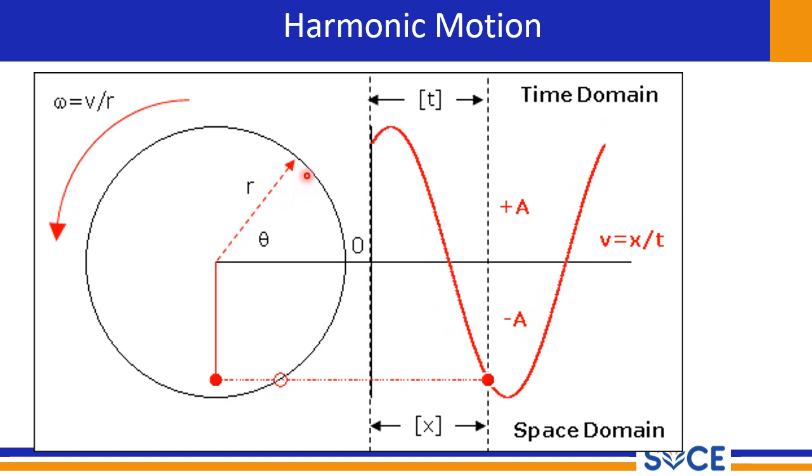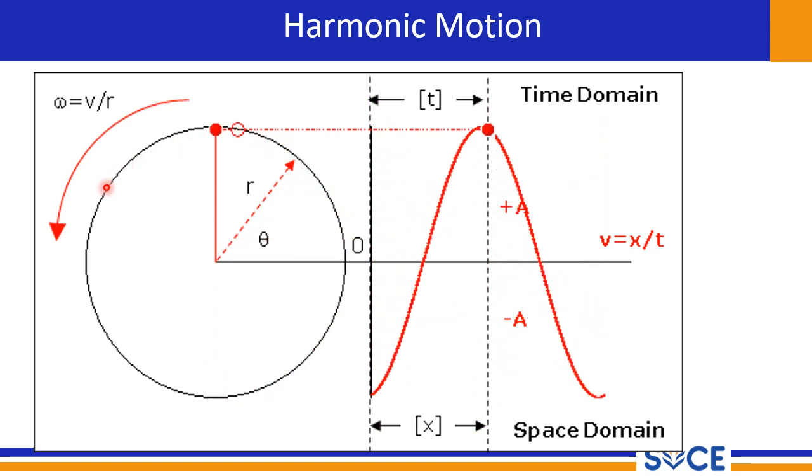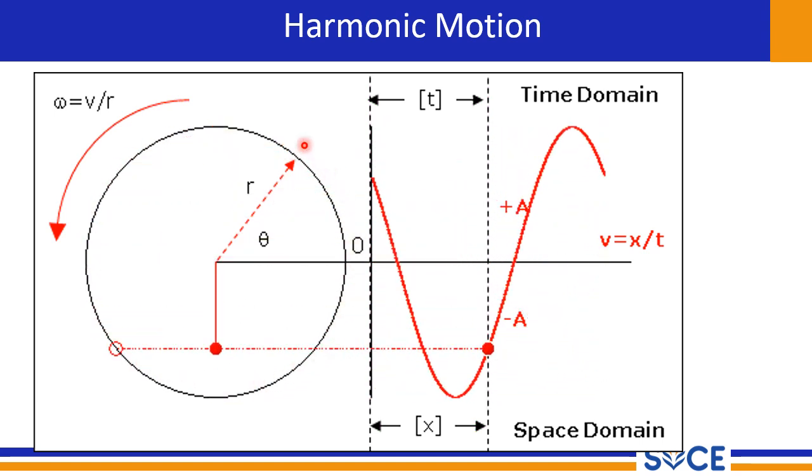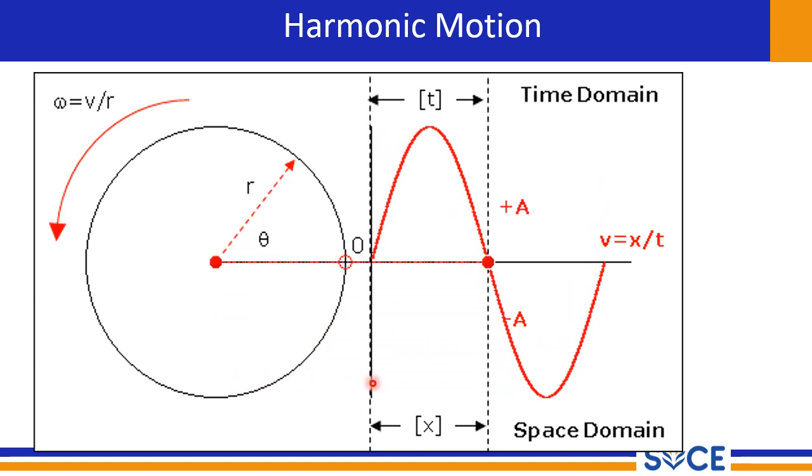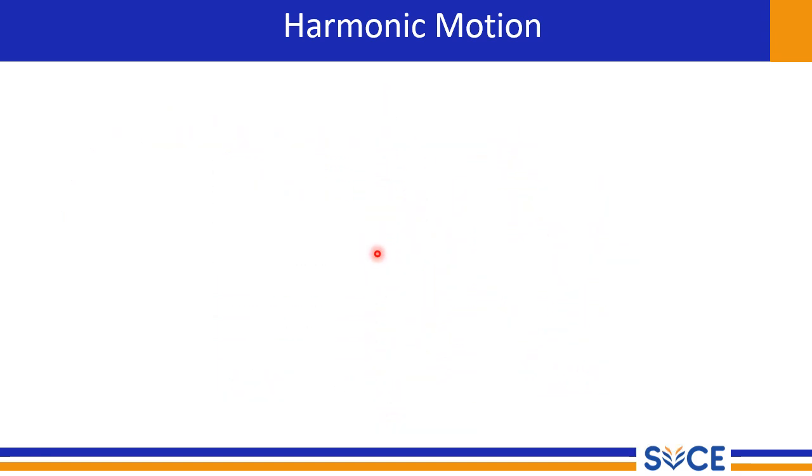This particle, rotating along a circular path, can be projected over to the graph, on which the x-axis is the time domain, that is t, while the y-axis represents amplitude. When the particle is projected over to this time domain, we can see this rotation is represented in terms of a sine wave.